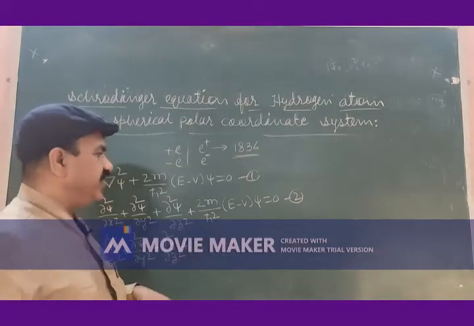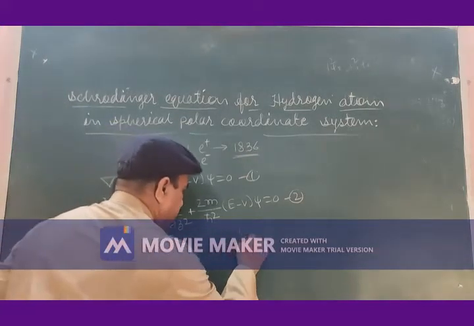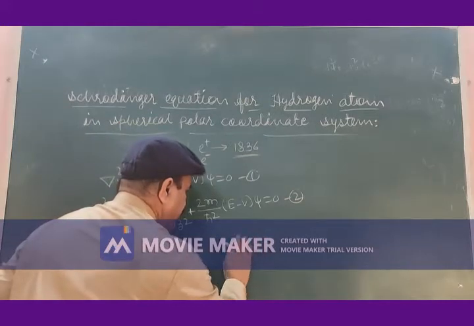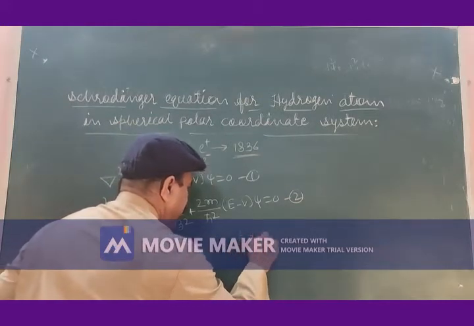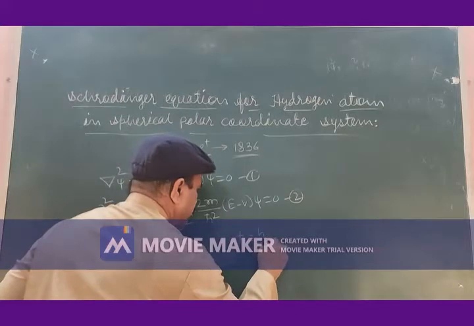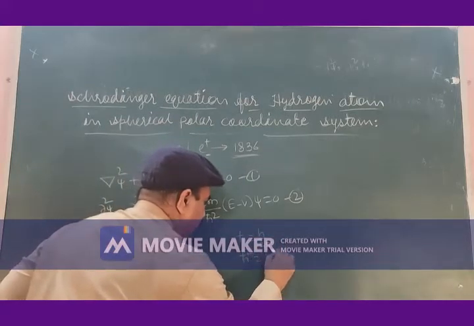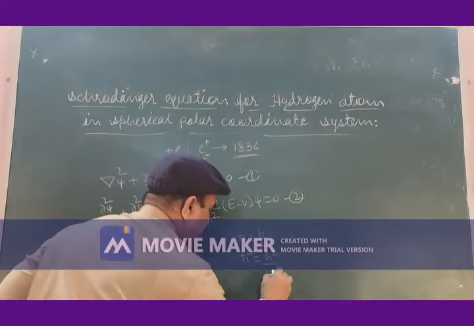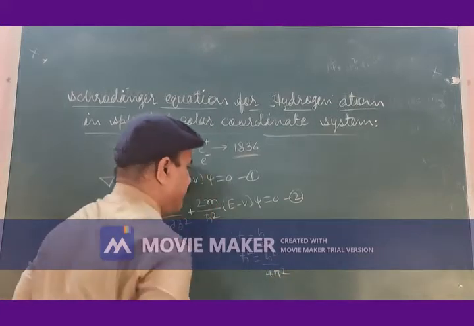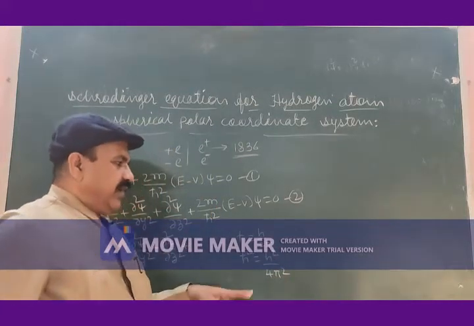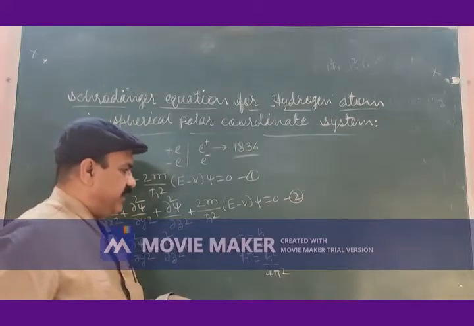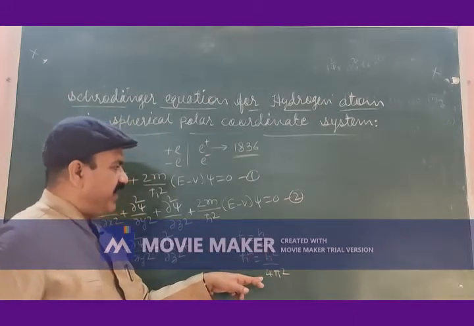h cross is h divided by 2 pi. h cross square is therefore h square divided by 4 pi square.